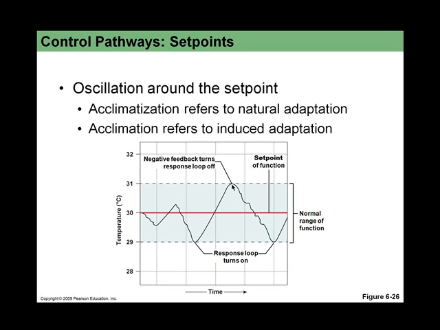So the maximum highs and minimum lows would be the range of the set point, the range of the function, the tolerance around the set point. And so the response loop is going to turn on in between these highest and lowest levels to bring the system back within the normal range of function.